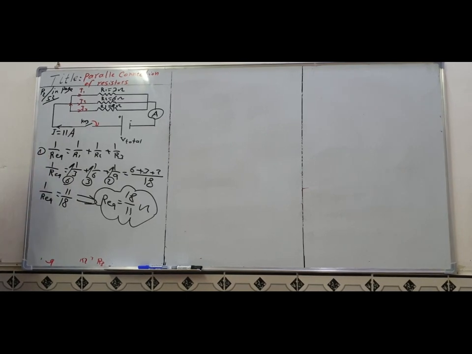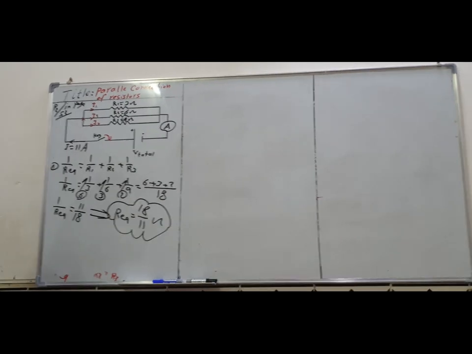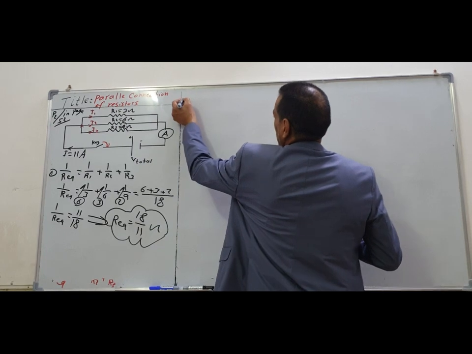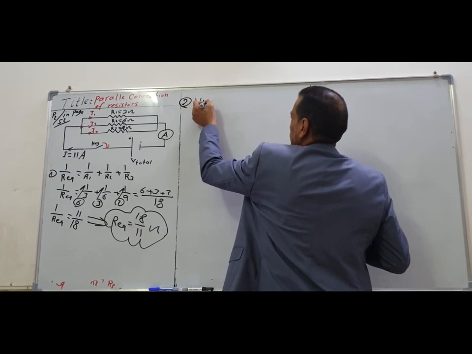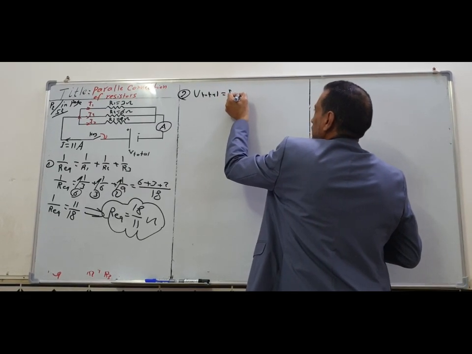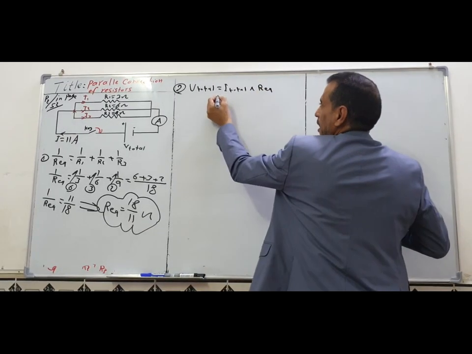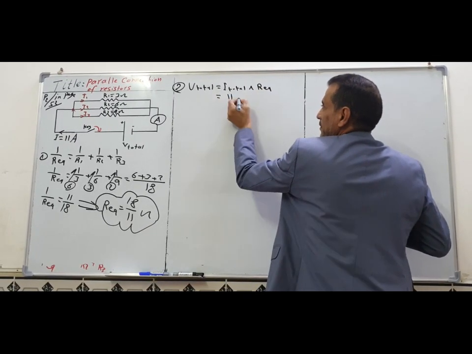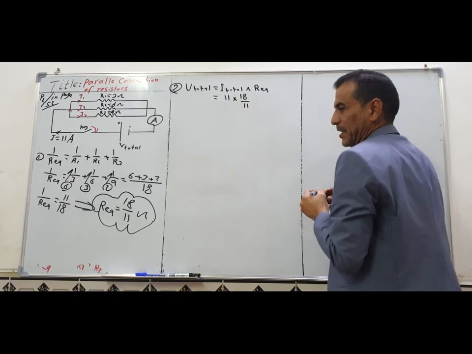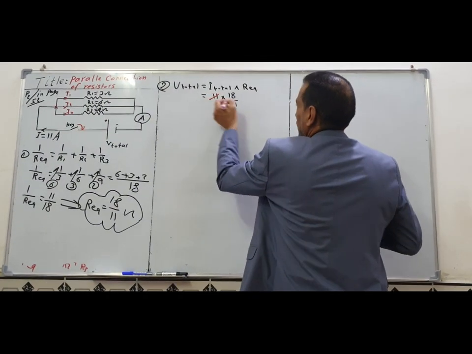This is number 1. Number 2, the amount of potential difference at the two ends of the electric resistance. V total equals I total multiplied by R equivalent. I total equals 11 times R equals 18 divided by 11. Cancel 11 with 11.